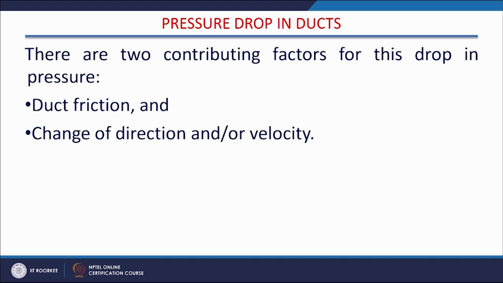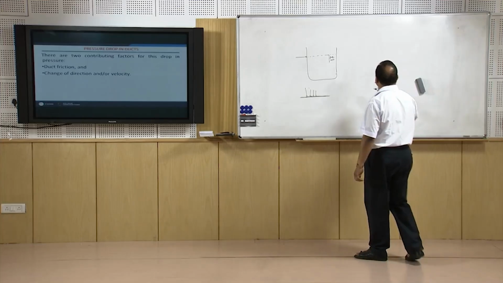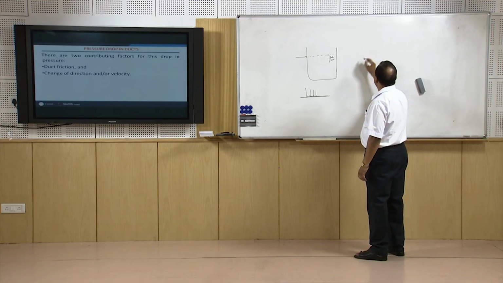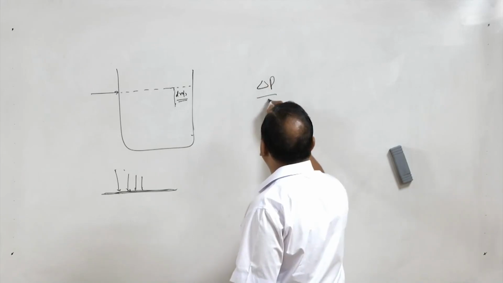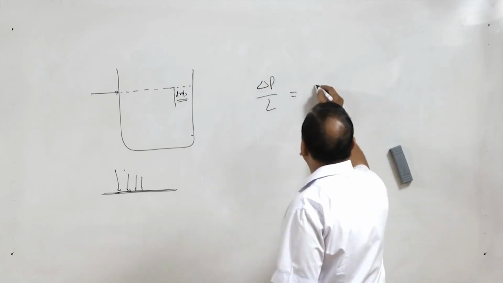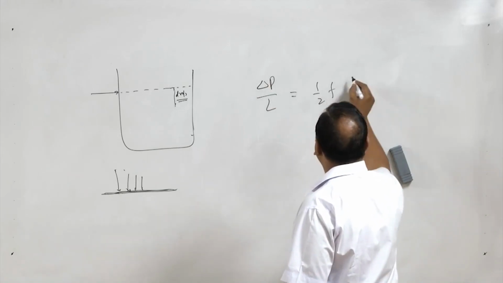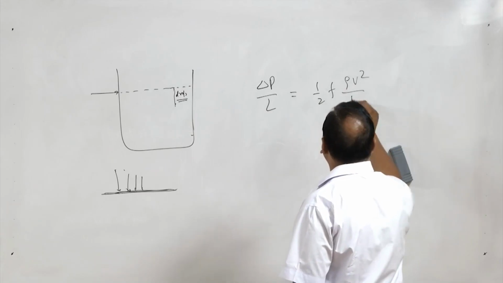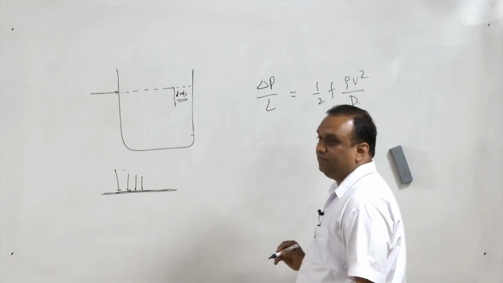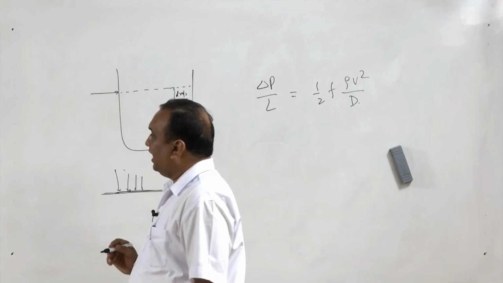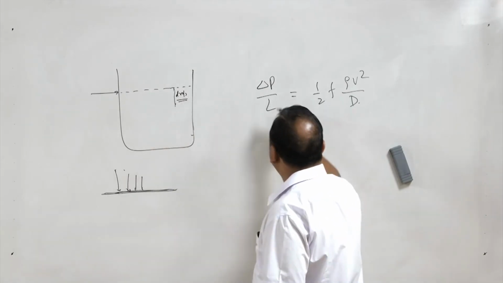So pressure drop in a duct can be attributed to two factors. One is duct friction, another is change in direction or velocity. So duct friction is delta P by L is equal to half F rho V square by D. This is the duct diameter, and this is the pressure drop per unit length.